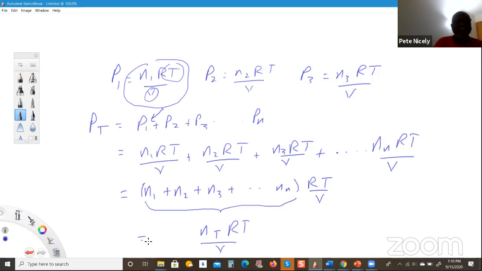So this simplifies to this equation: the total pressure would be equal to the total moles. Shucks, I keep doing this.